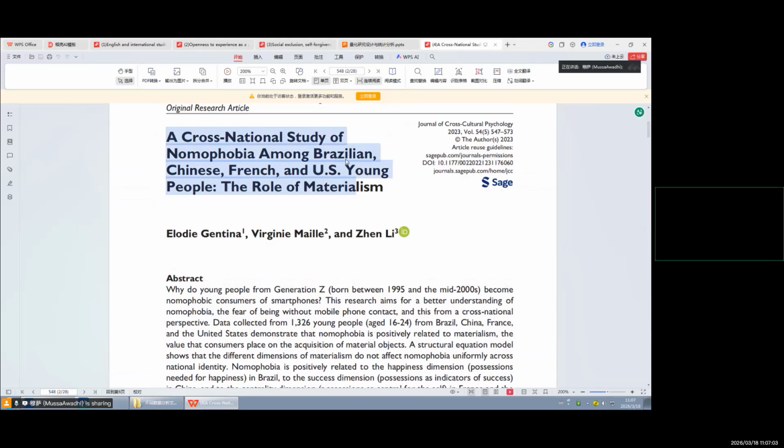You can see Brazilian, Chinese, French young people. This is what? This is a cross-national comparison. It must be more attractive, right? We can understand the findings from people from different cultures. Yeah, that's more interesting. That's more attractive. So this is cross-national, cross-cultural comparison.